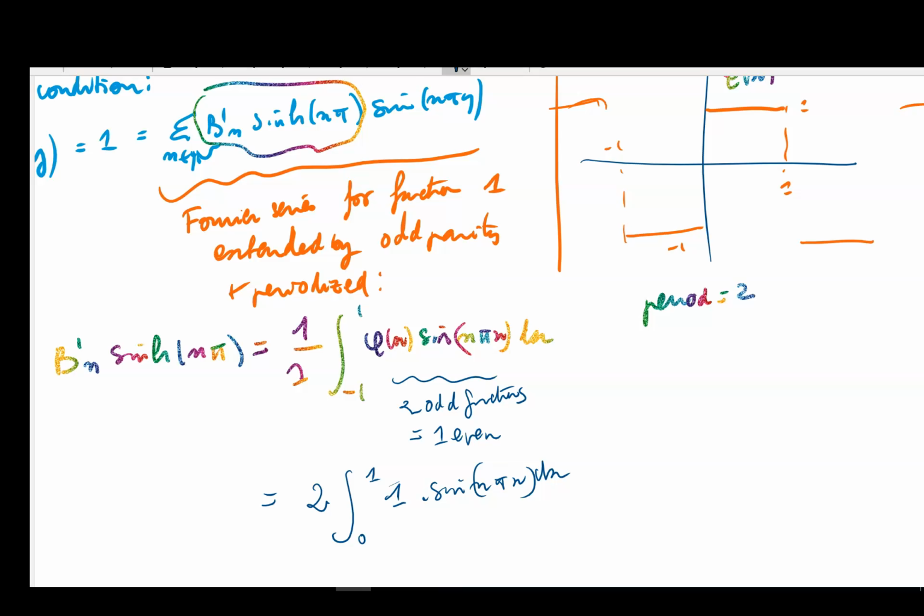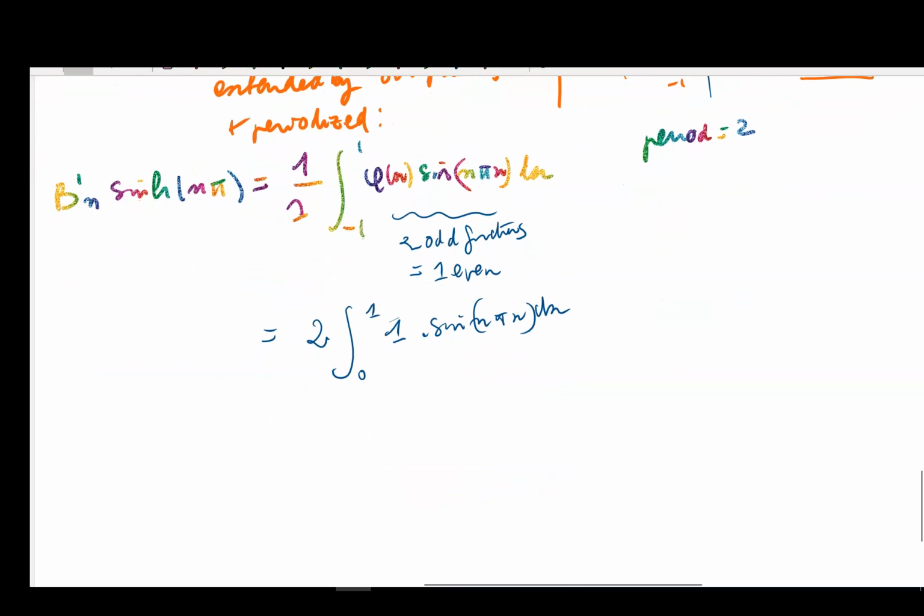Which makes things much simpler, because I don't have to say that on -1, 0 I get -1 for my function, and on 0, 1 I get 1. We really only have to keep one value, and so we can integrate that.